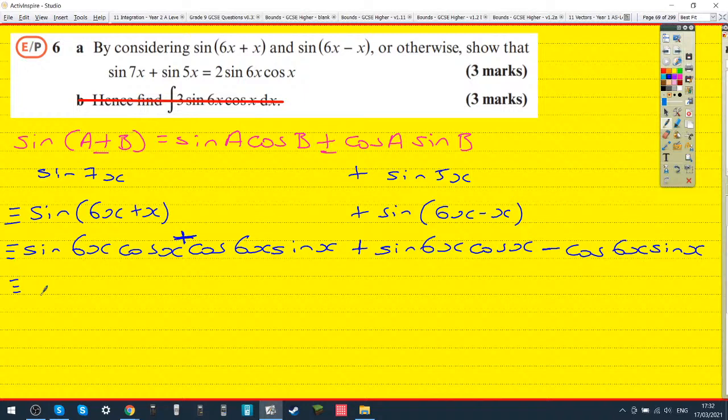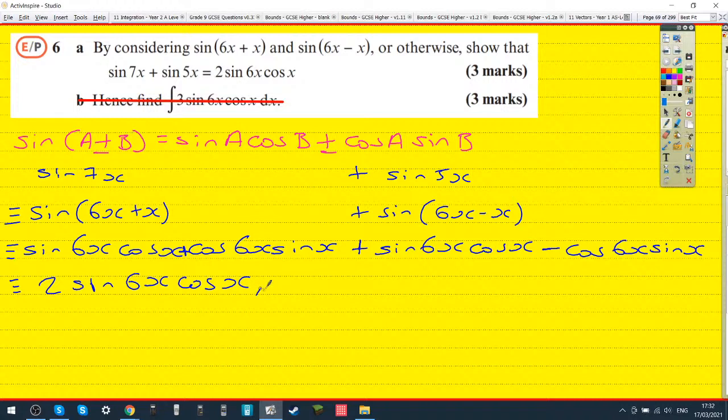So the sine 6x plus x is the same as sine 7x, and the other one is like. So we would add them both. So we get 2 sine 6x cos x, and the other bit cancels out.